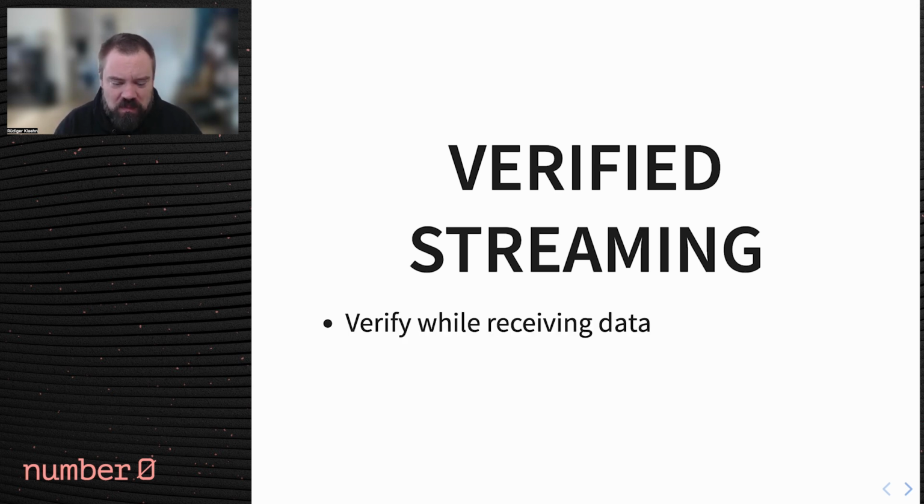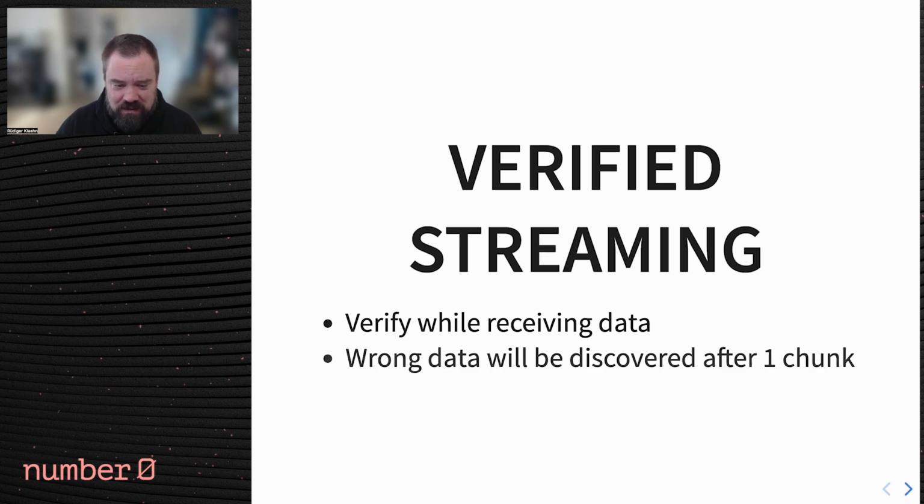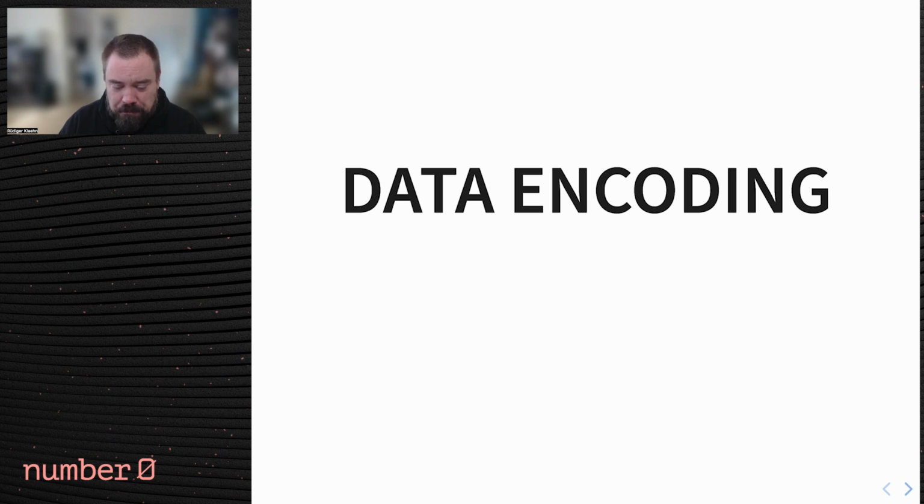Let's say I want to send some data to a remote client, and the receiver can then verify the data while it is receiving the data. So unlike other hashes where you do a big download, 1 gigabyte, and then you compute a hash at the end and notice that you've downloaded the wrong thing, in this case, you will verify while downloading, so you will immediately notice when you get wrong data.